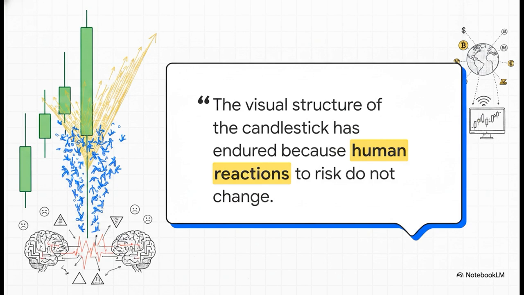You are looking at a real-time global negotiation of human emotion, printed directly onto your screen. When a lower wick is incredibly long, you are literally seeing the visual footprint of one crowd's panic being completely overpowered by another crowd's greed. The technology changes, the assets change, but the human nervous system's reaction to financial risk, that is a constant.